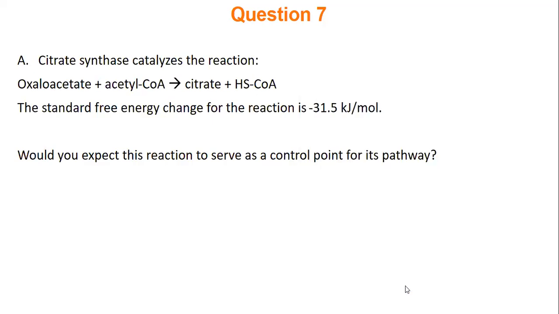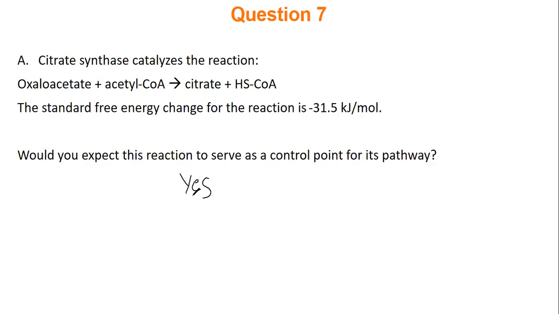All right. So the answer is it is a control point. So yes. Hopefully when we go through this class and we start looking at the thermodynamics of metabolism, you will start to get a better sense intuitively of delta G values.